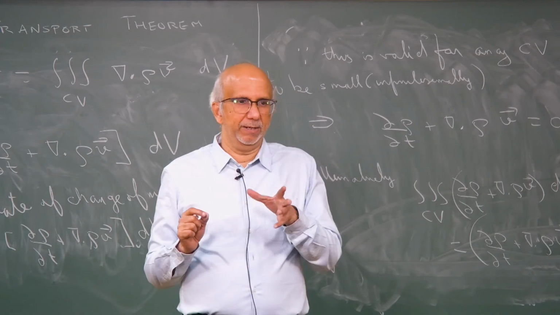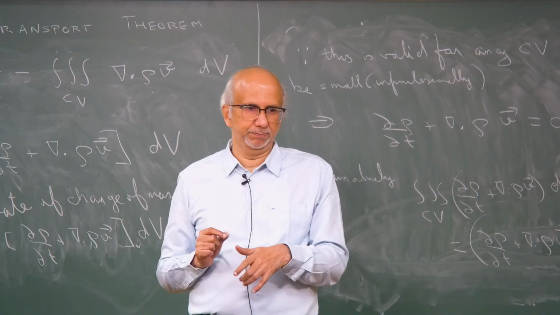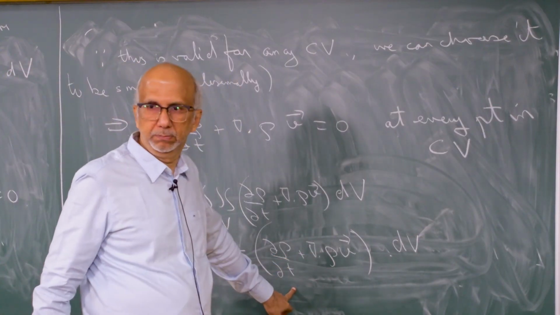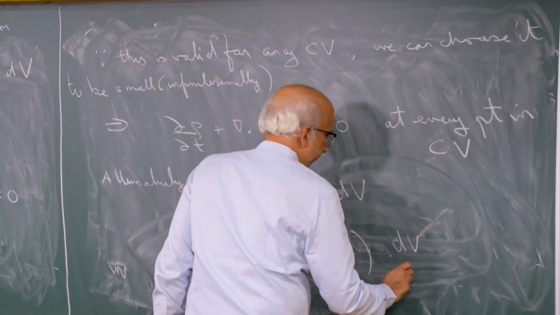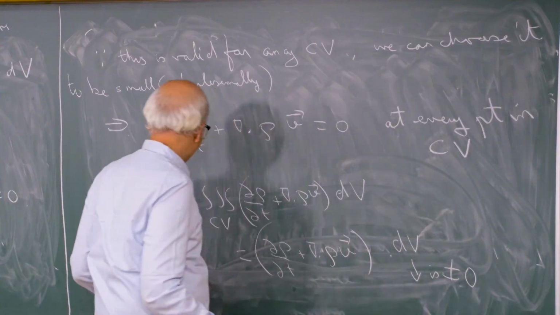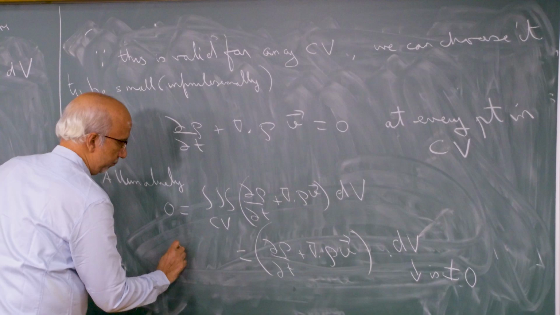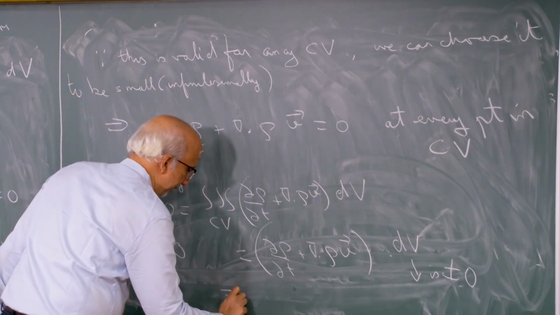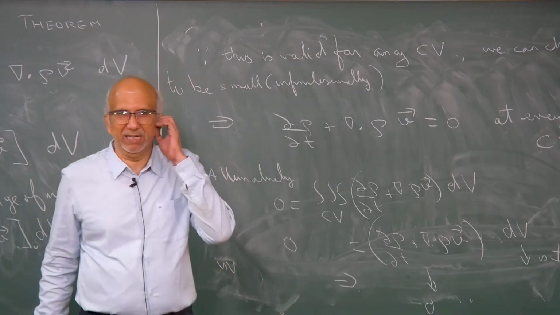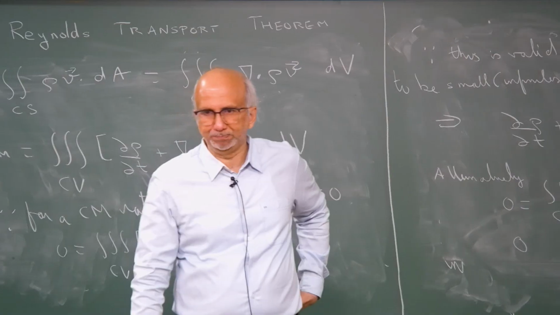You can treat that as a constant inside the control volume and pull it outside, and this is not 0, therefore this has to be 0. Anyway, just think about what I have said. This is a very standard argument which is made most of the time.